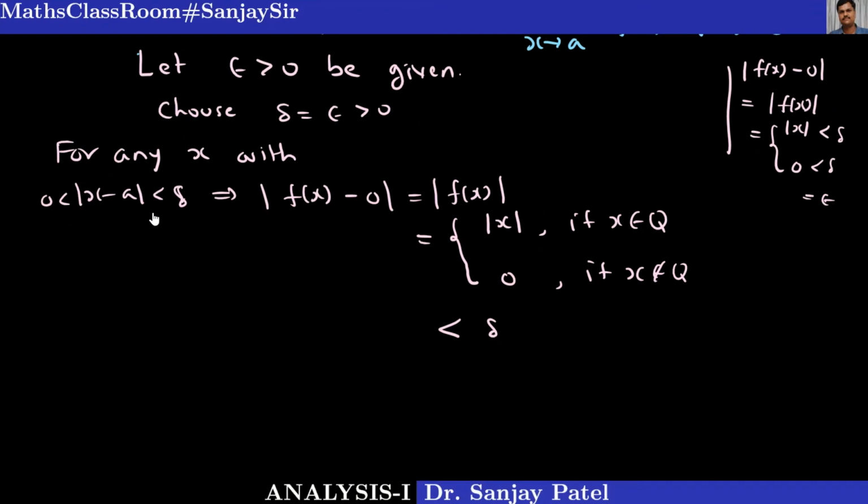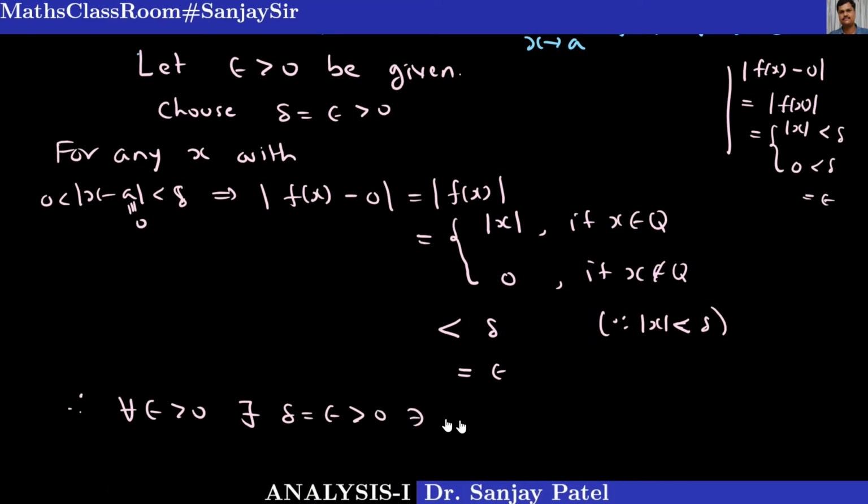Okay, because we have |x minus a| here, and a is equal to 0. So |x| is less than delta, and by our choice of delta, I can take this equal to epsilon. So thus, for every epsilon greater than 0, there exists delta equal to epsilon such that whenever 0 less than |x minus a| less than delta implies |f(x) minus 0| is less than epsilon.